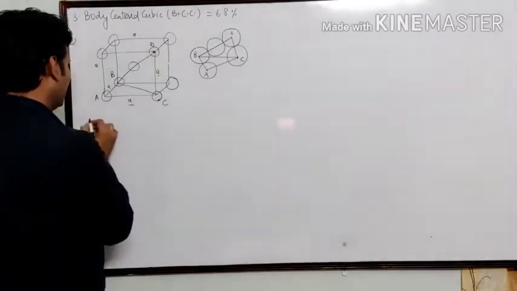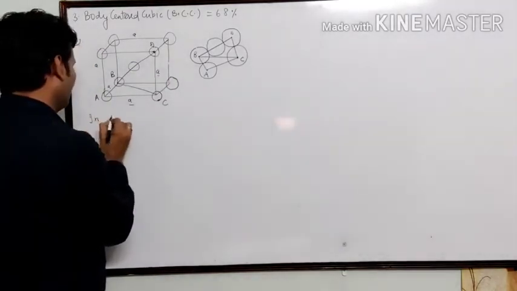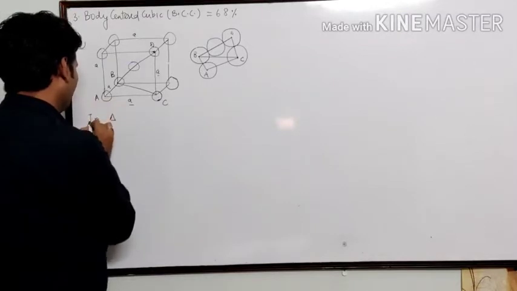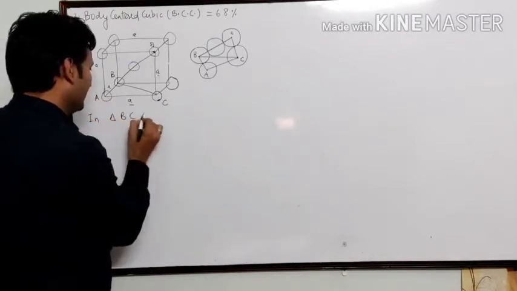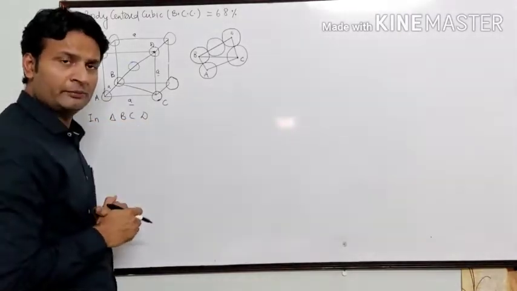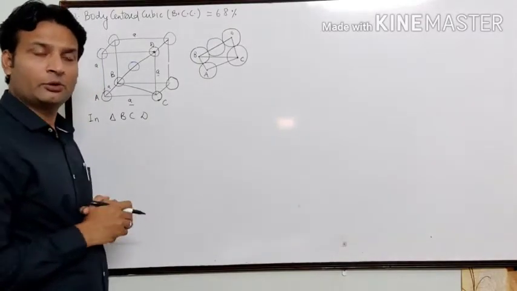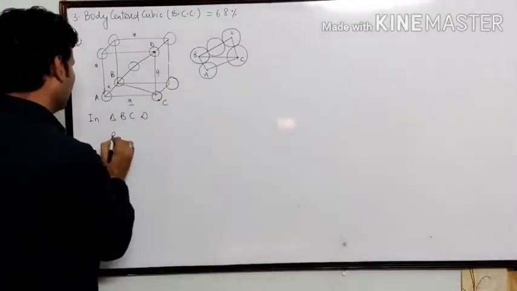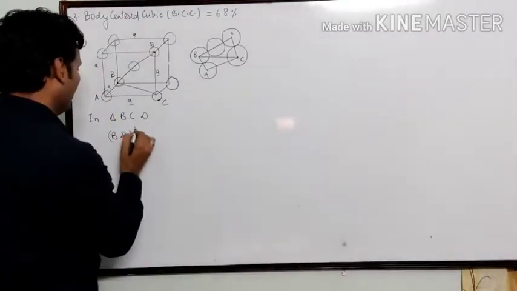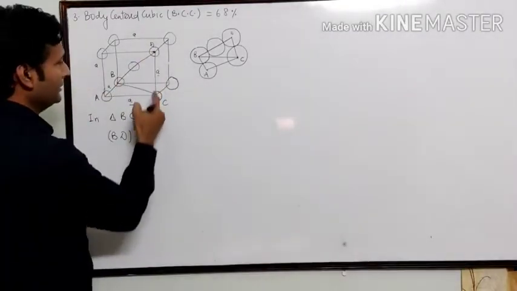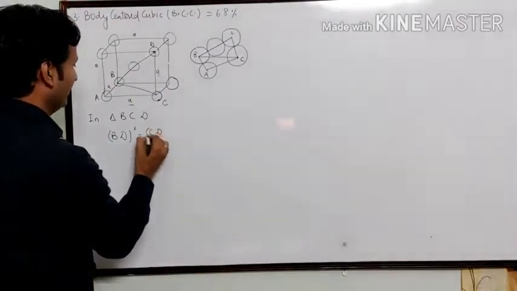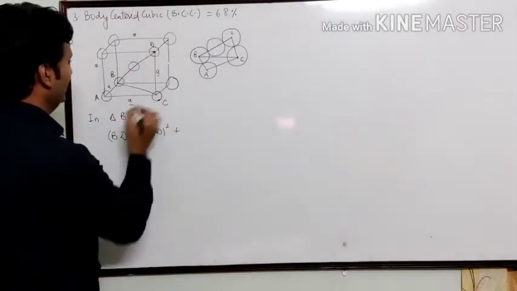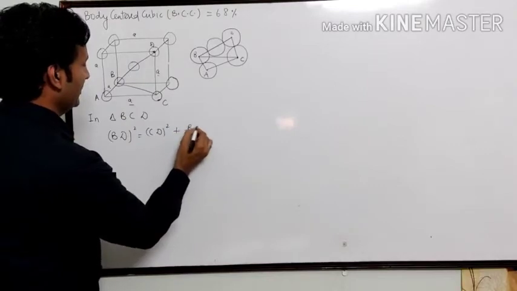Okay, let's start in triangle BCD. According to Pythagoras equation, hypotenuse square is equal to height square plus base square. Hypotenuse B to D, that is BD square. Now height is CD square and the base is BC square.